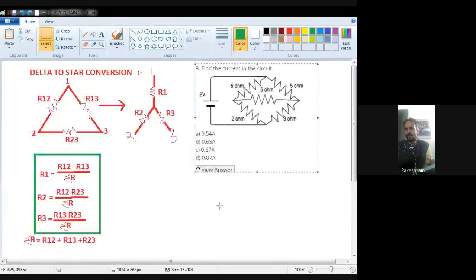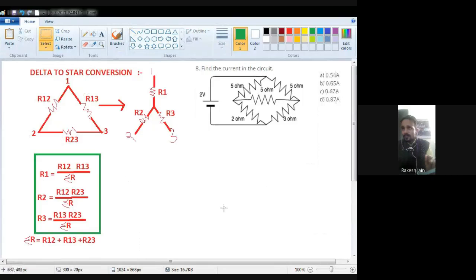I just put these 4 objective answers on the right hand side. You should find the correct answer. Find the current in the circuit. A question is given and it is asked that you have to find the current in the circuit. Now how can we determine the current in the circuit?